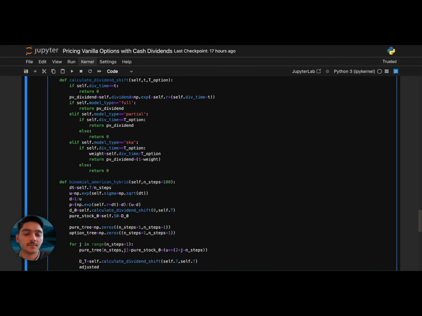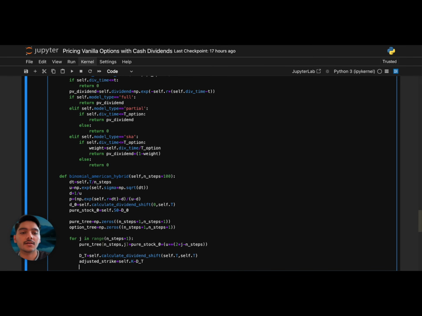Adjusted strike will be equal to self.K minus D_T, and the option tree n_steps, j will be equal to max of pure tree n_steps, j minus adjusted strike, 0.